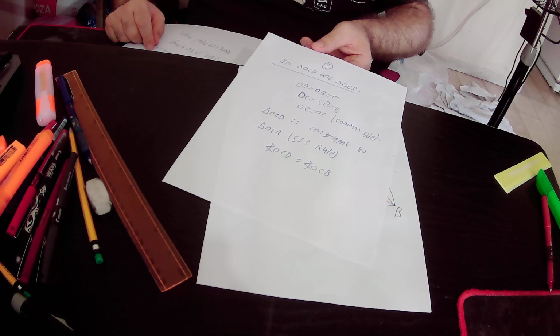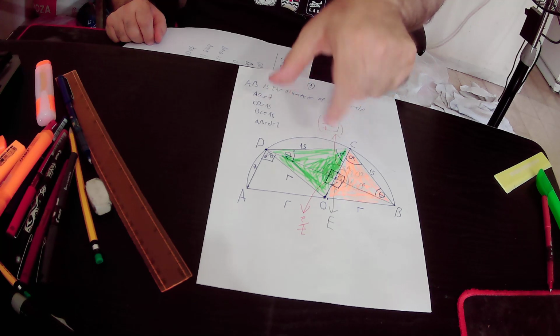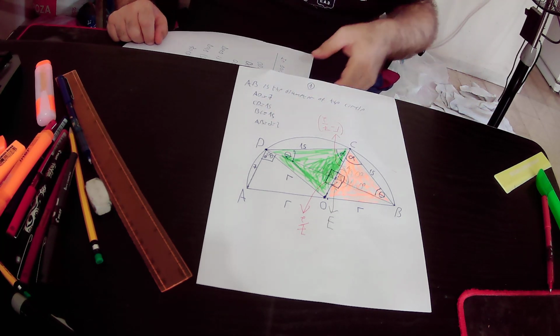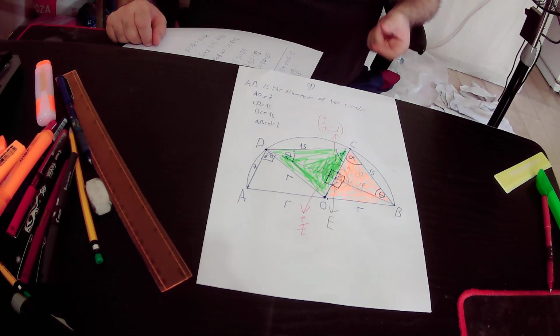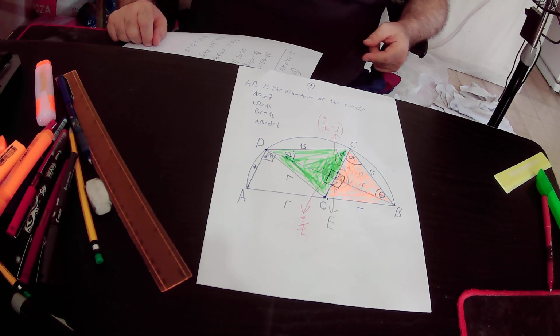And also DC equals BC equals 15 units, it is given in the question. And OC equals OC, it is a common side, it belongs both to the orange triangle and also to the green triangle.